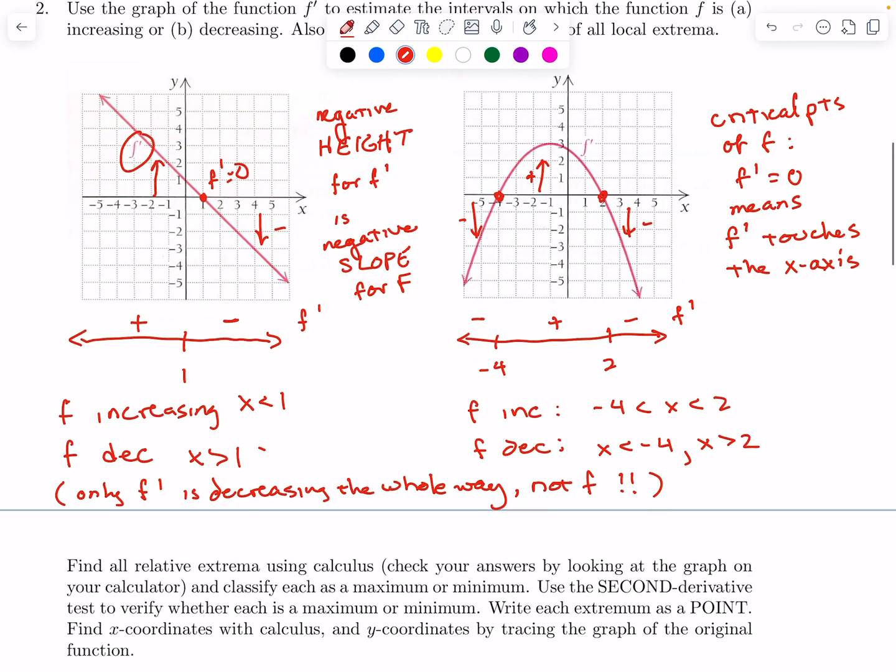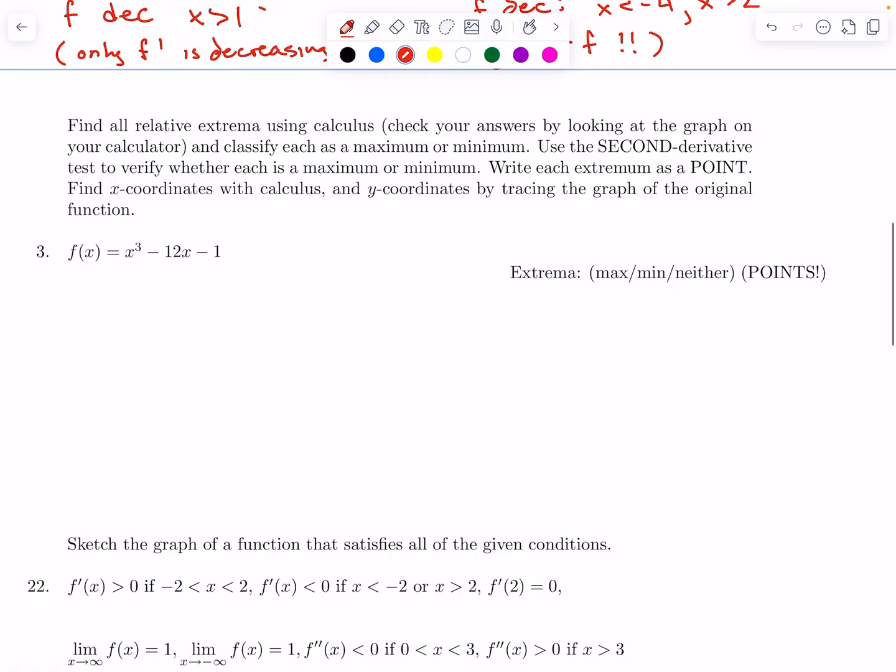Alright, next. Find the extrema using calculus. Second derivative test. So let me show you what the second derivative test is. You start the same way. Find the critical points.